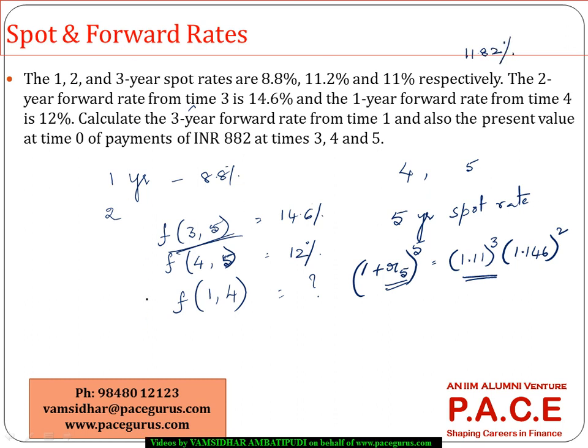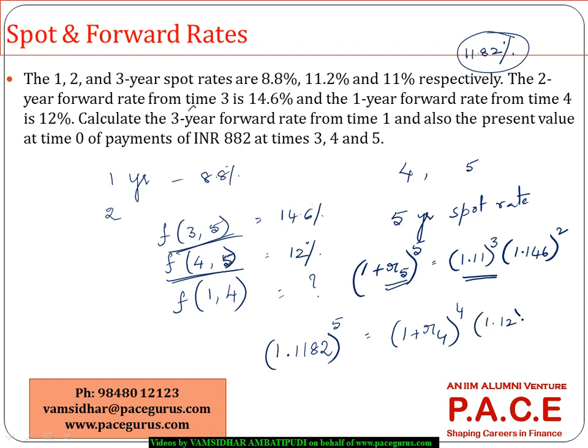Now the same logic I will use to find out the 4-year spot rate. Now that I know the 5-year spot rate is this much, 1.1182 to the power 5 is the 4-year spot rate, 1 plus R4 to the power 4, into the 4 to 5 forward rate, 1.12.